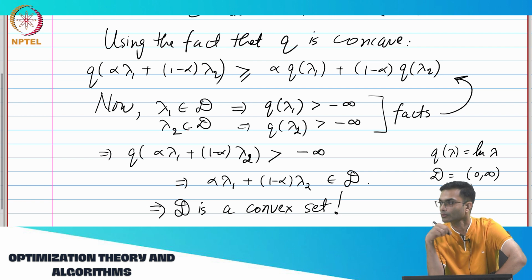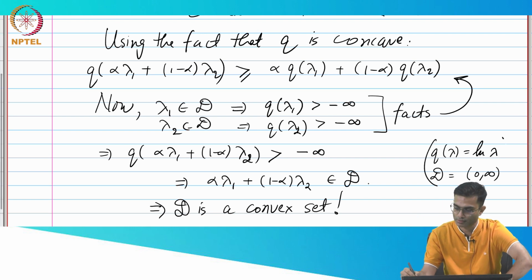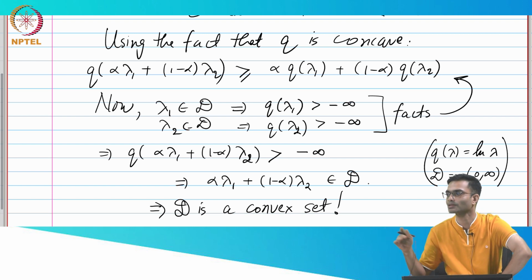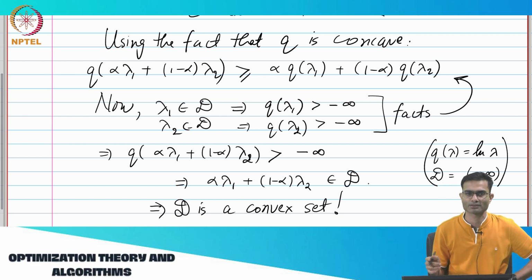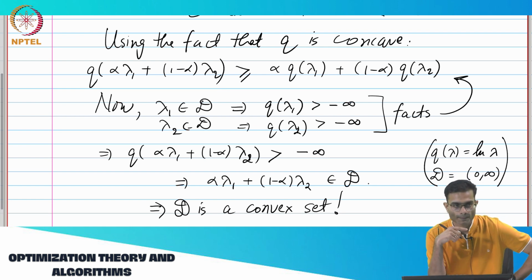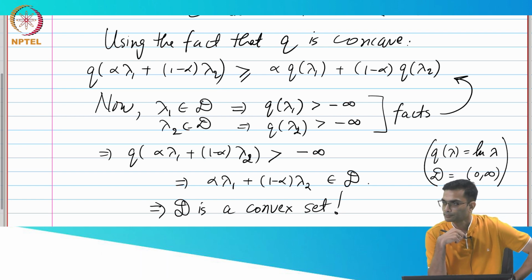At 0, Q blows up, so it's excluded from the domain, but any positive quantity is fine, right? So that is the meaning of saying those lambda for which Q of lambda is greater than minus infinity. It's a funny way of saying it, but it's shorter than saying a finite number or whatever.